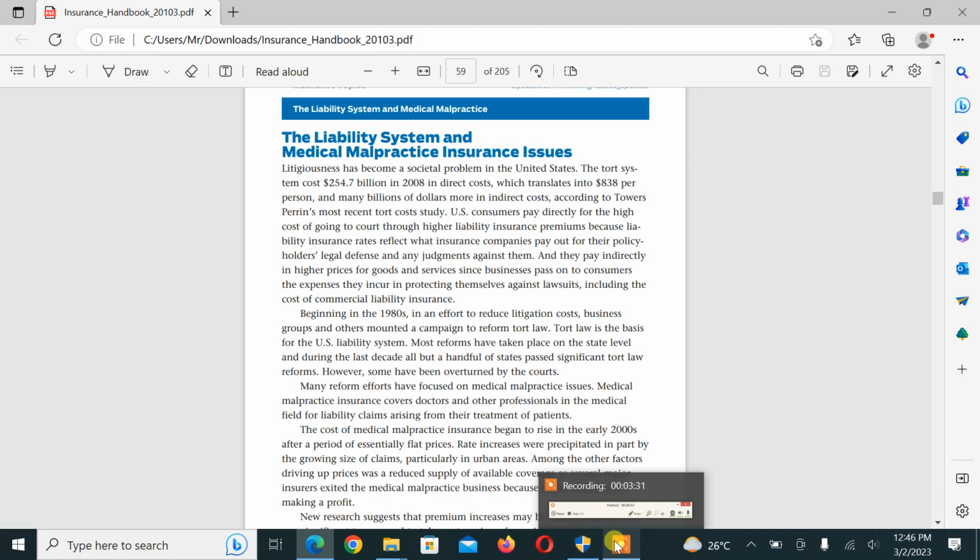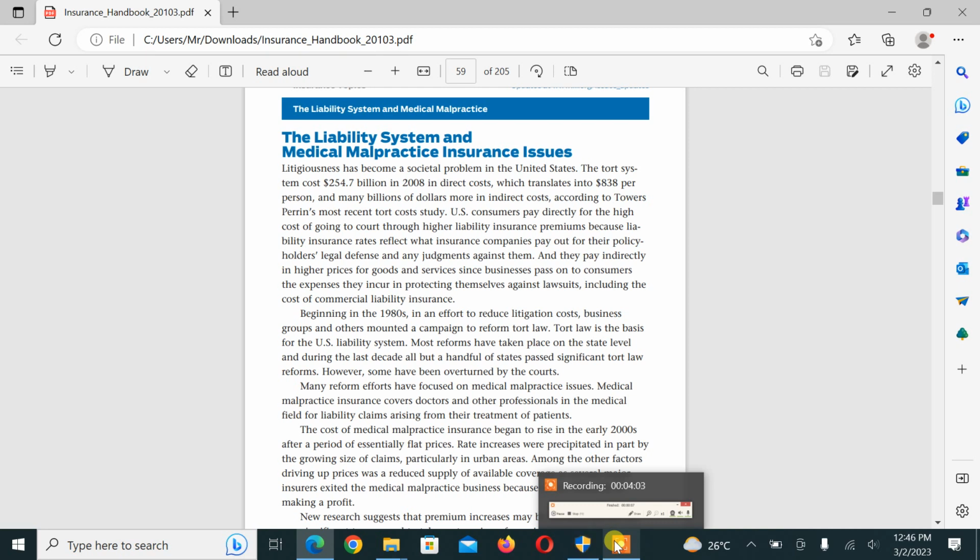The cost of medical malpractice insurance began to rise in the early 2000s after a period of essentially flat prices. Rate increases were precipitated in part by the growing size of claims, particularly in urban areas.